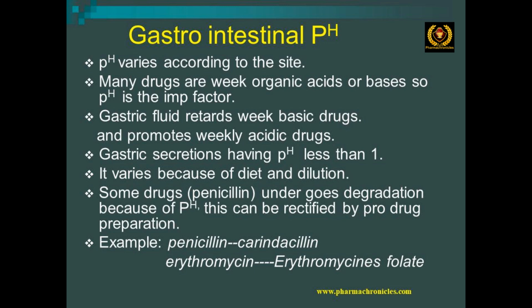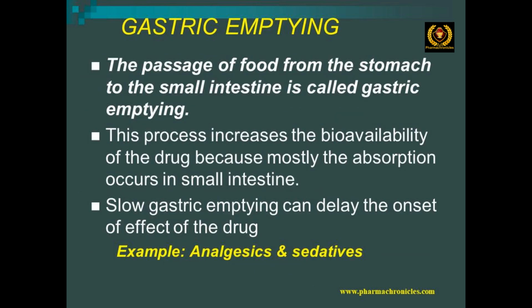Some drugs, such as penicillin, undergo degradation because of pH. This can be rectified by prodrug preparation. Example, penicillin: carindacillin; erythromycin: erythromycin estolate. Gastric emptying. The passage of food from the stomach to the small intestine is called gastric emptying.